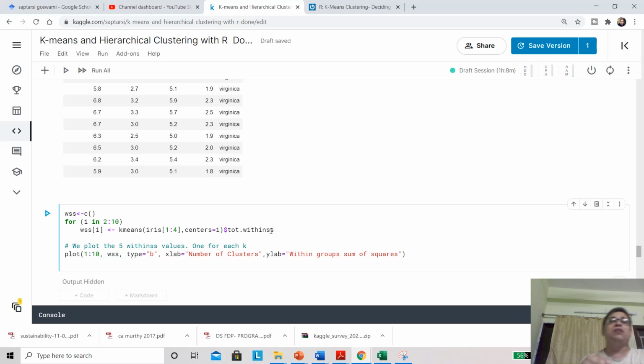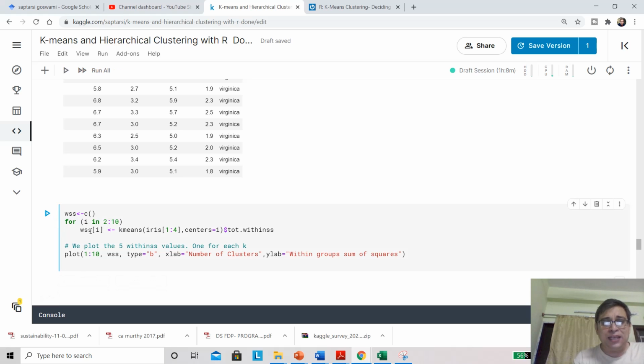Because we want to find out, if we are using a value of k as 2, what is the total within sum of squares, and if we are using 3, what is the total within sum of squares. Now it is a monotonic function. So as we increase the number of cluster centers, this total within sum of squares actually goes down. So we want to stop where there is a significant drop, forming kind of an elbow. So let us run it.